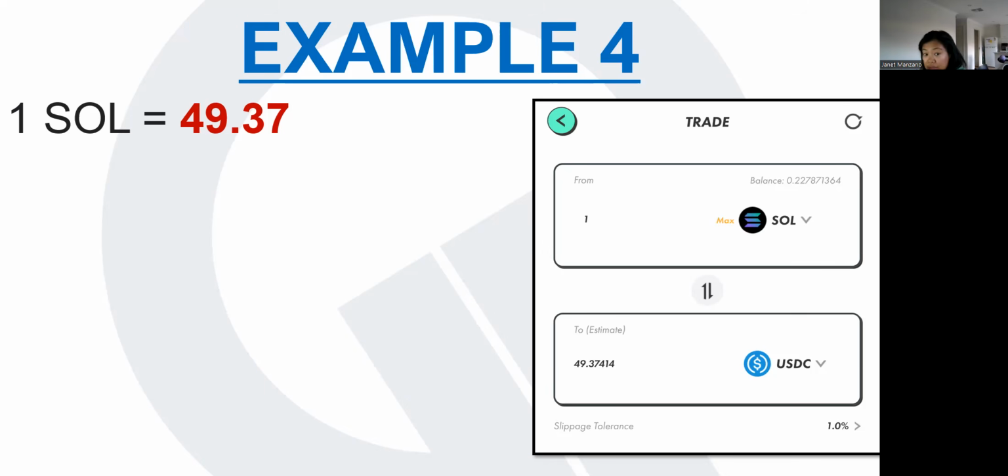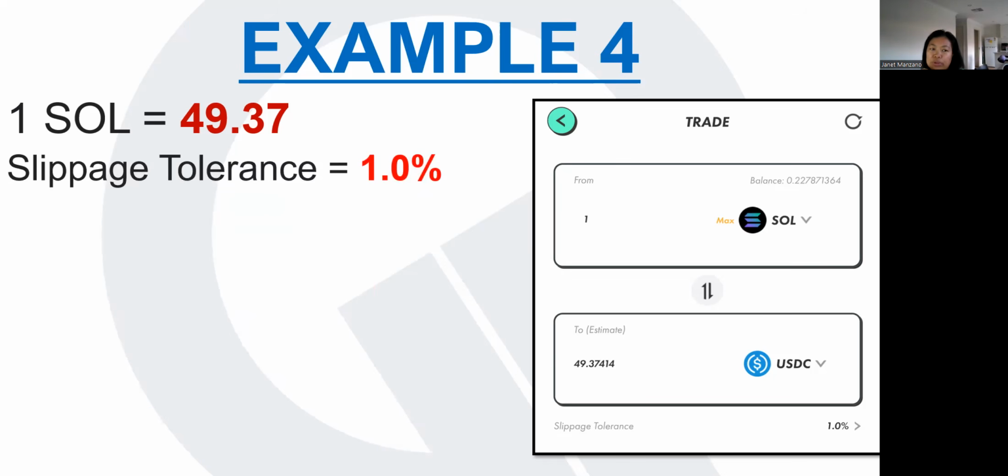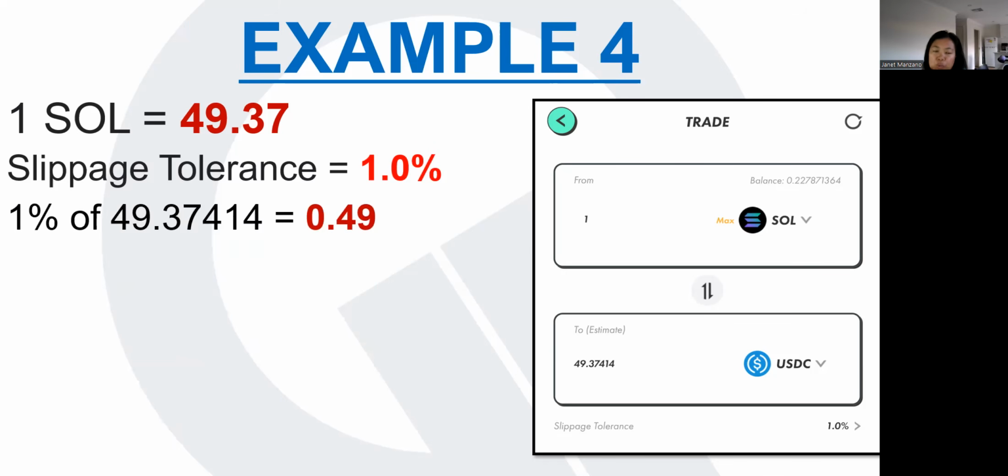However, below that, you have an option to set the slippage tolerance. So let's say, just for the sake of calculation, we put a 1% slippage. So what's 1% of 49.37? You just multiply 49.37 by 0.01 and it will give you 0.49.